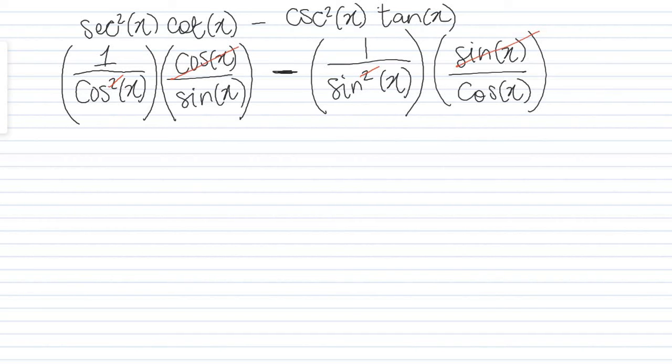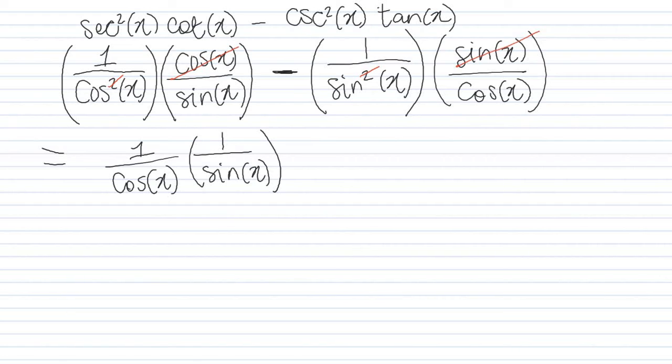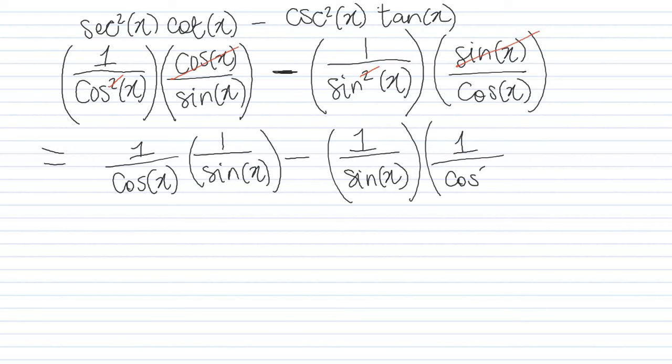So what we eventually have in our work is 1 over cosine x, and you have 1 over sine x here, so multiply that by 1 over sine x. Minus 1 over sine x multiplied by 1 over cosine x.